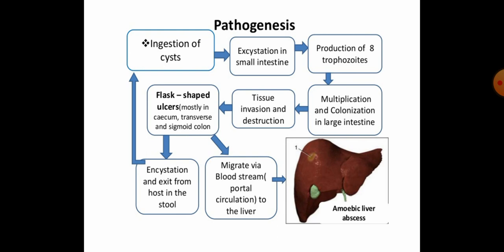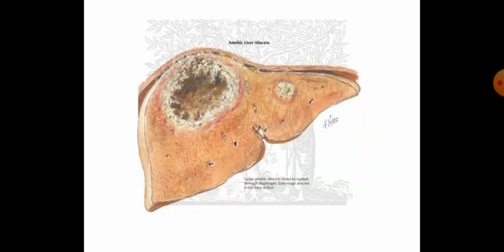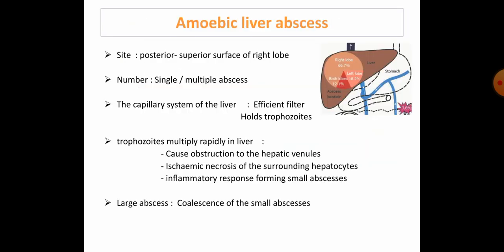From this region, through the bloodstream, particularly the portal circulation, they enter the liver. Once the trophozoites are present in the liver, they start causing damage to the hepatocytes and set up an infection, and that is the amoebic liver abscess.